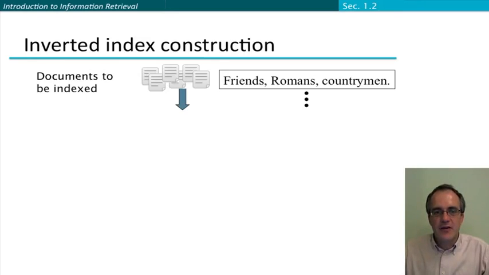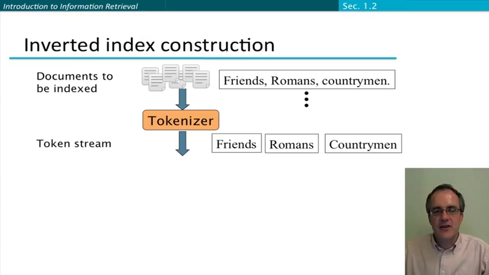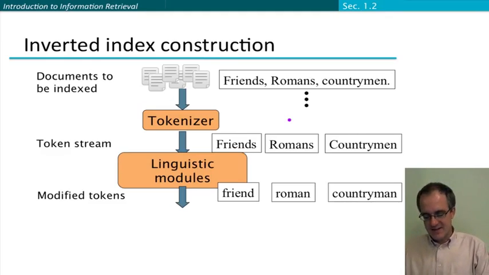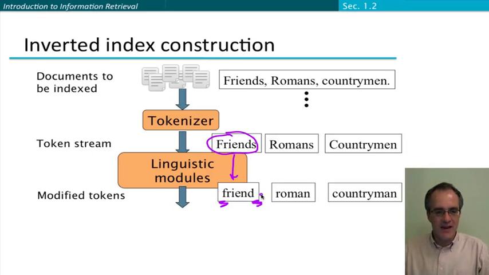We need a tokenizer that turns the document into a sequence of word tokens, which are the basic units of indexing. But we often don't index exactly the words that are contained in the document. There might be various linguistic modules that in some way modify the tokens to put them into some kind of canonical form. So for instance here, for friends, it's being both lowercased and stemmed to remove the S plural ending.